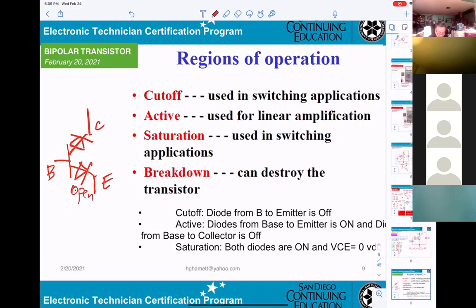That tells you no current will be flowing. IB, IC, IE cannot flow in the open circuit.